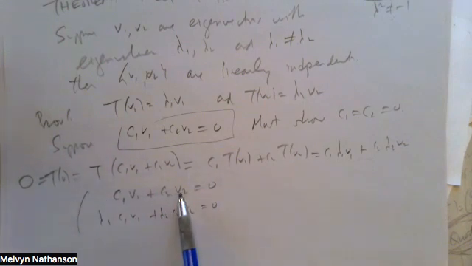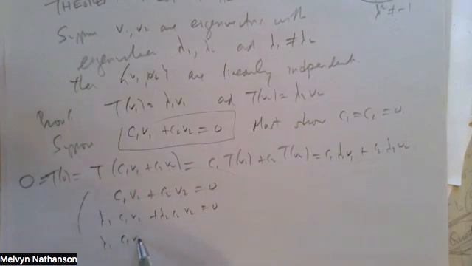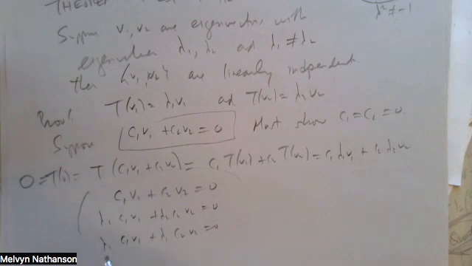Let me just take this first equation and multiply it by lambda 1. I get lambda 1 C1 V1 plus lambda 1 C2 V2 equals 0. I have these two equations. If I subtract, these cancel, and I get this minus this.